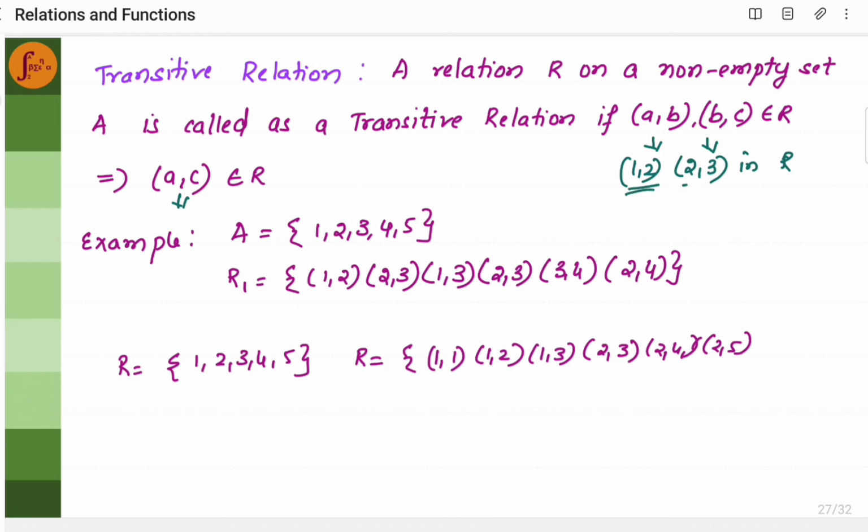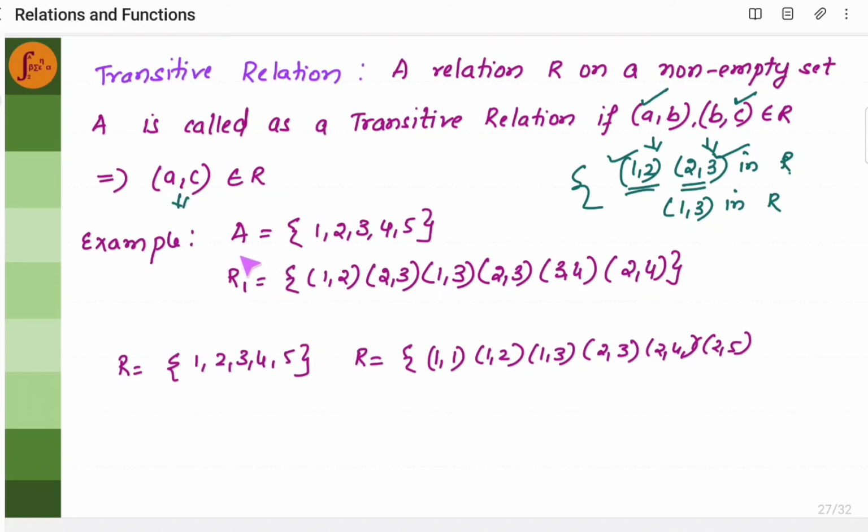If I have these two ordered pairs in R, then I should also have A, C. That is, 1, 3 should be in R. If 1, 3 is in R, then I call such relation as transitive relation, right? Have to take the first element and the second element of the next ordered pair. A, C should belong to R.